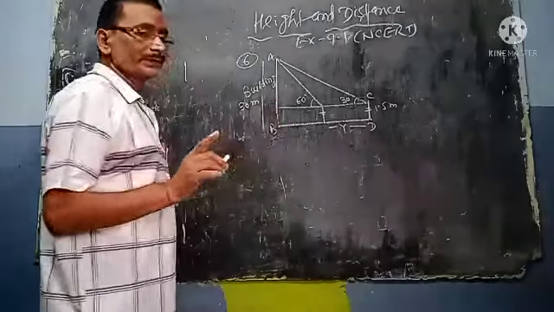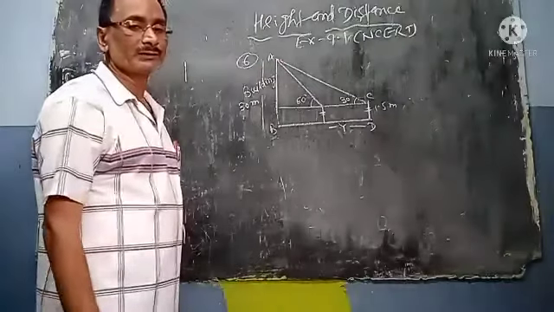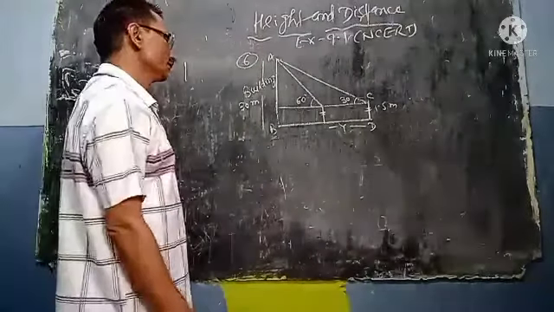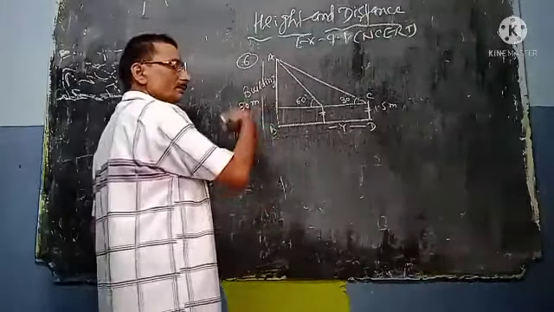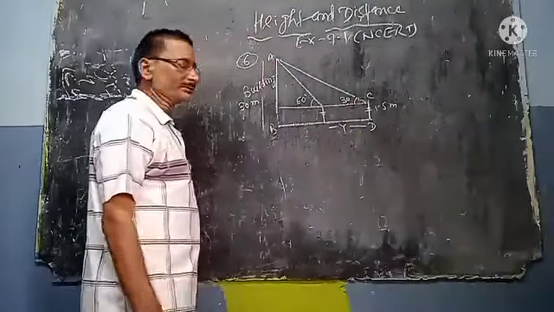Once again I am repeating this question. AB is part of the building, height of the building 30 meters, and on the opposite side there is a 1.5 meter tall boy standing.